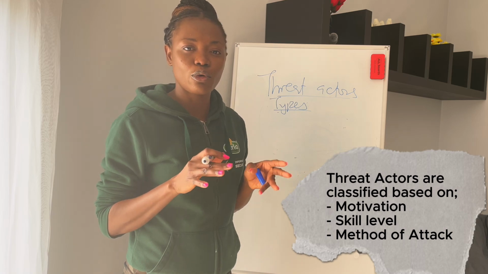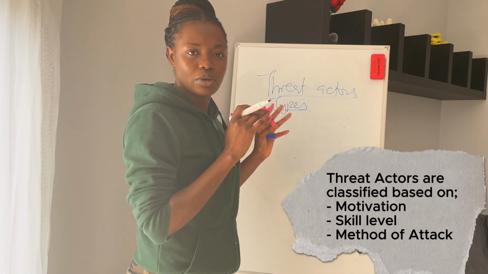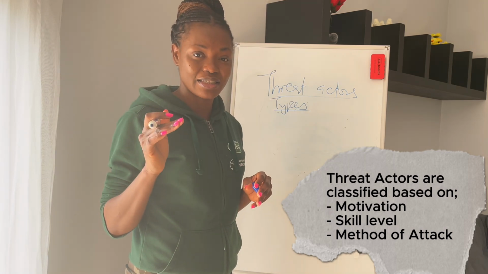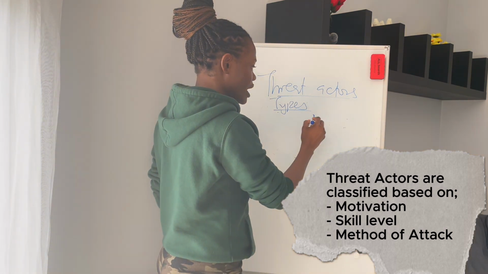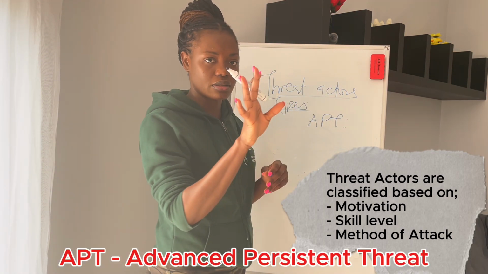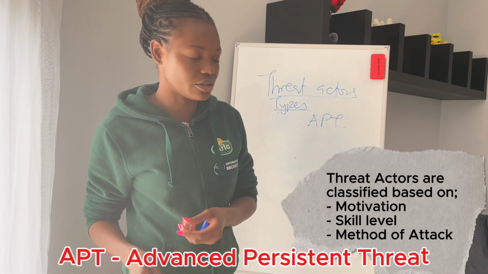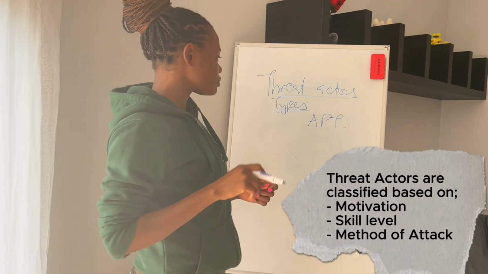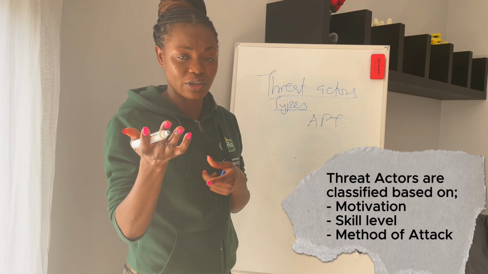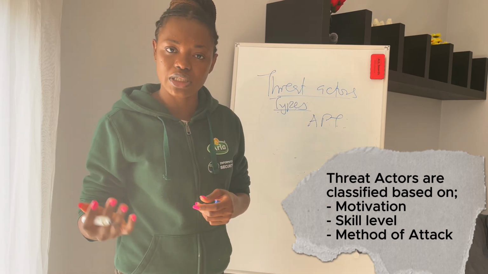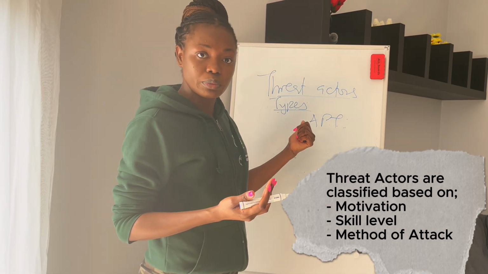Some have low skills when it comes to attacking a system. They are not so well organized. Some are more advanced. They are the ones that cause APT, advanced persistent threat. Those ones are very, very organized, and we could classify Anonymous as this type. And the last part is how they carry out their attack, which could also be in this classification.